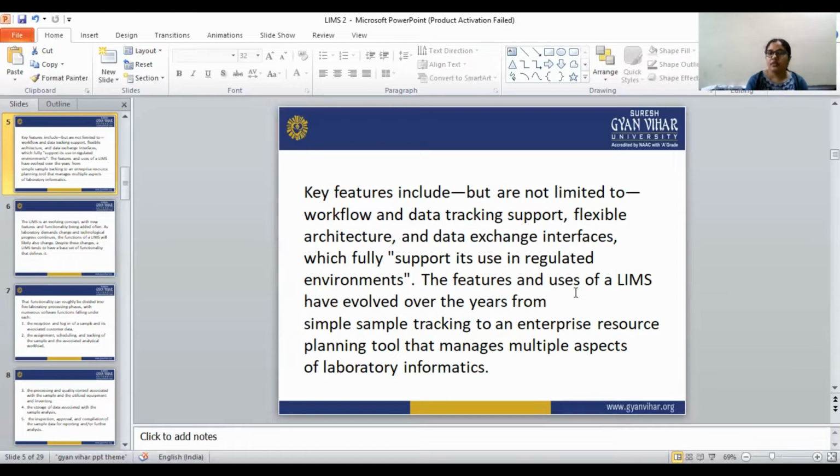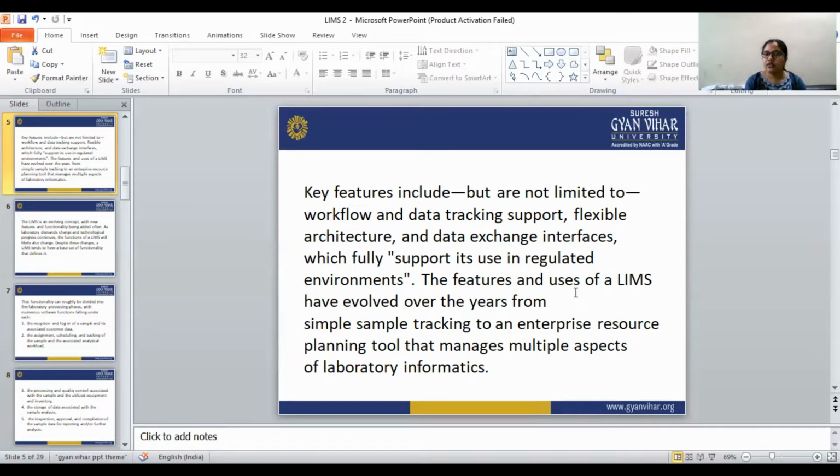So this LIMS is software with some key features: workflow and data tracking support, flexible architecture, and data exchange interfaces that support its use in the regulated environment.